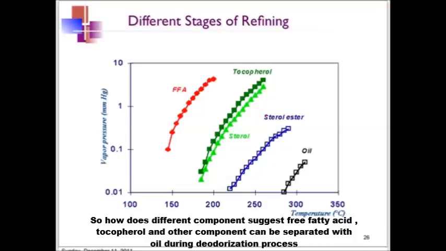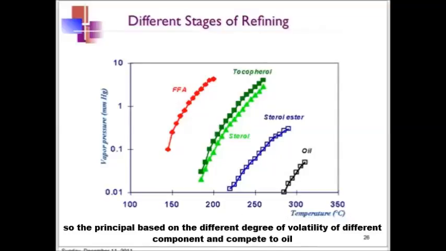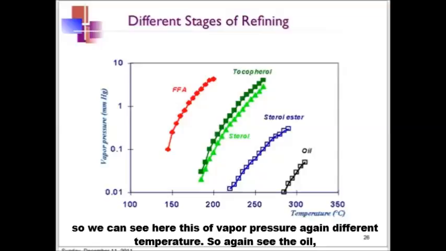So how can these different components, such as free fatty acid, tocopherol, and other components, be separated from the oil during the deodorization process? The principle is based on the different degree of volatility of the different components when compared to oil. We can see here a plot of vapor pressure against different temperatures.